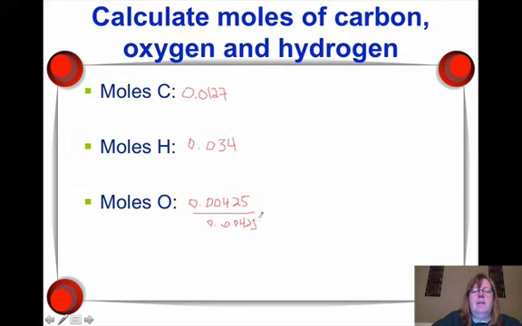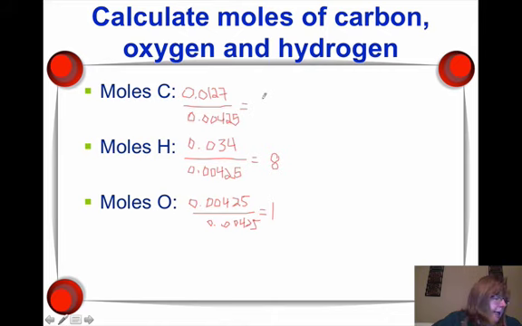So oxygen becomes 1, and hydrogen becomes, let's see, that becomes an 8, and carbon, divided by 0.00425, becomes 3.